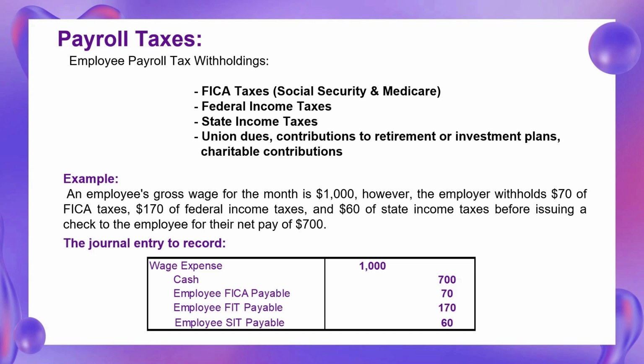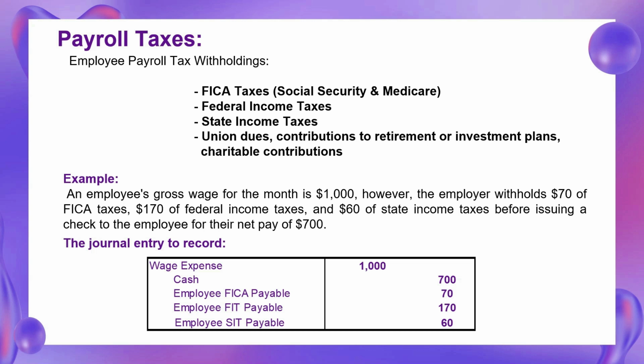The employer is merely acting as an agent for the government entities, directing theoretically what is and should be your money as payment of your taxes to the federal and state governments, etc. So really, these are not the taxes of the employer. They're your taxes.